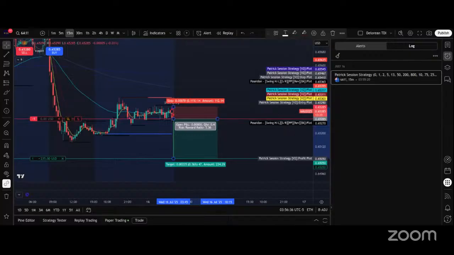Take profit again is 0.6505. That's going to be for 47 pips. Stop loss is 0.65285. That's going to be for 14 pips. Entry price is going to be 0.65285. Oops, got this wrong.